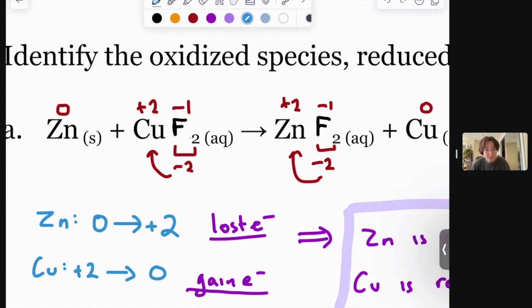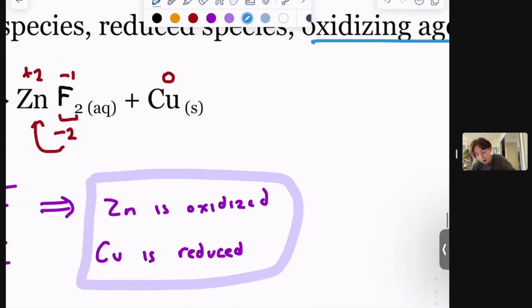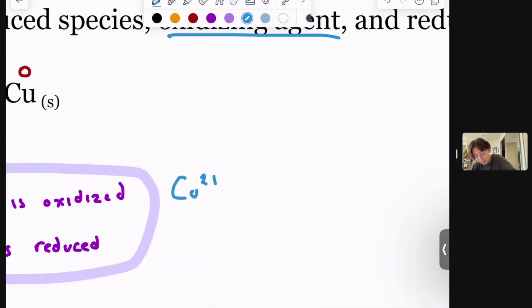It's not going to be zinc because zinc was the thing that was oxidized, right? And it's not going to be fluorine because fluorine didn't change its oxidation number. So I think that's the trickiest part, at least for me, for identifying the agents. It's not just an element, it's whatever species is on the reactant side. So in this case, it would be the copper 2+ ion that was the oxidizing agent.